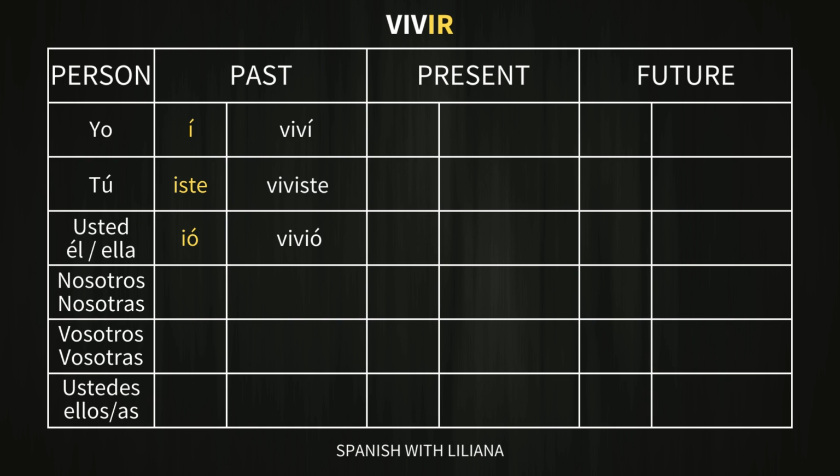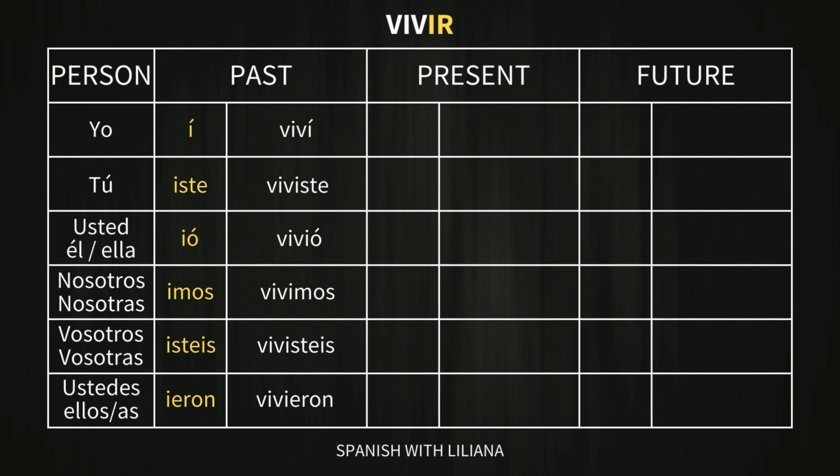Vivió. For nosotros, nosotras, we'll replace IR with imos. Vivimos. For vosotros, vosotras, we'll use isteis. Vivisteis. And for ustedes, ellos, ellas, we'll use ieron.